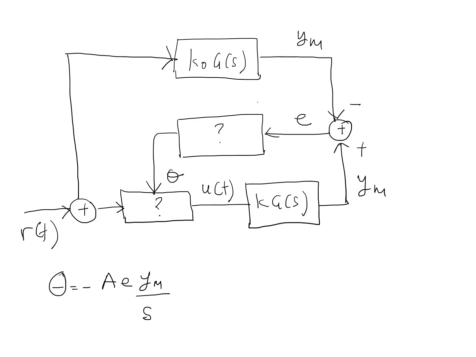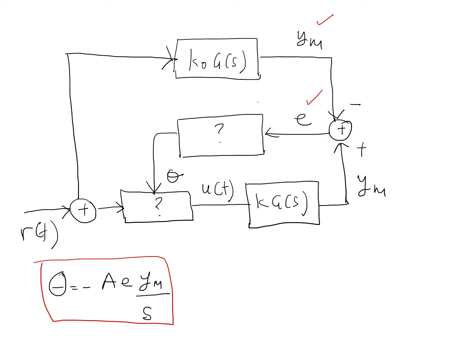Now this is the original control structure before we obtained the equation for theta: θ equal to negative a e ym over s. Ym comes from here, and here is the error. Now we want to change the structure of the controller, the structure of the MRAC, after we get the equation for theta.